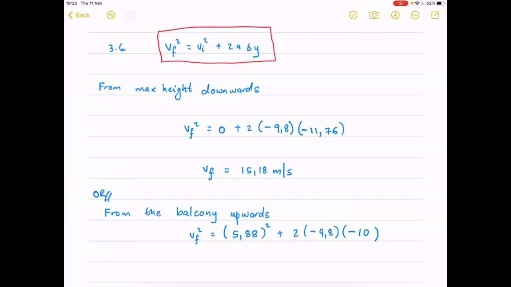Okay. And if you put that into your calculator, you must get the same answer. That your VF is equal to 15.18. Okay. I think you guys are happy with that.